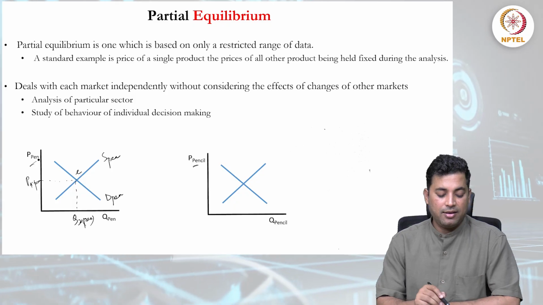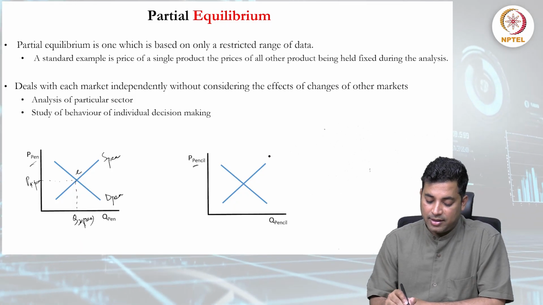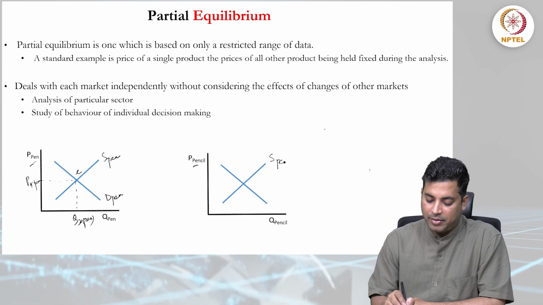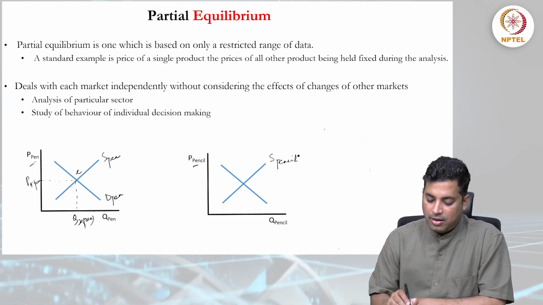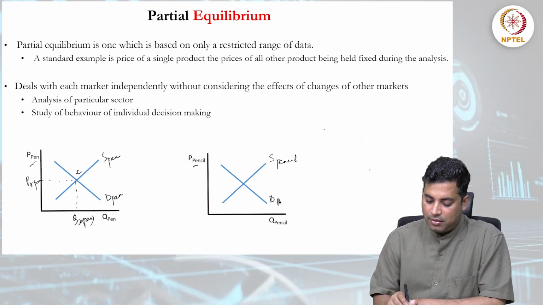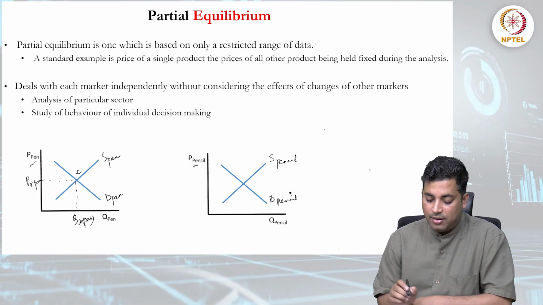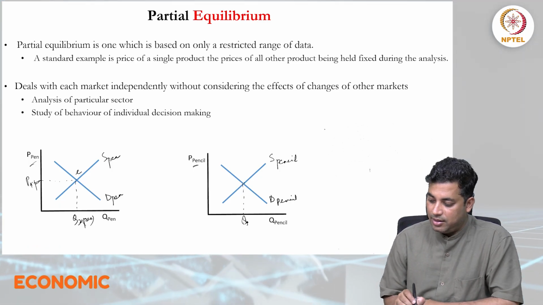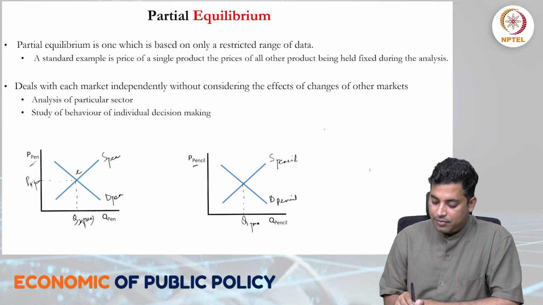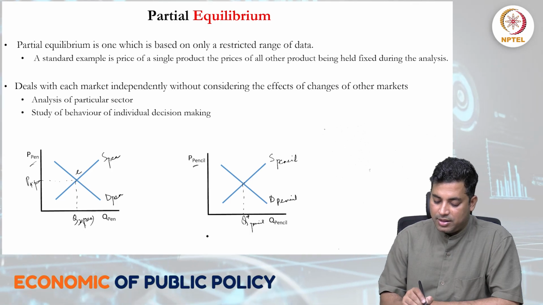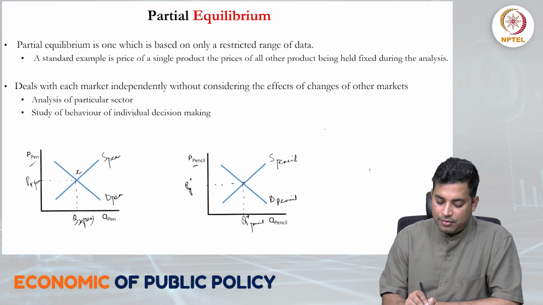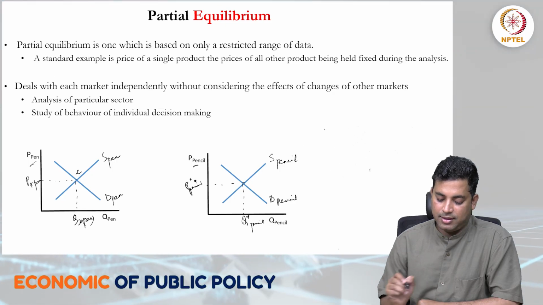So this is like, and likewise here also, say here supply curve for pencil, and here demand curve for pencil, and here likewise quantity, optimum level of quantity for pencil, and then here optimum level of price for the pencil.